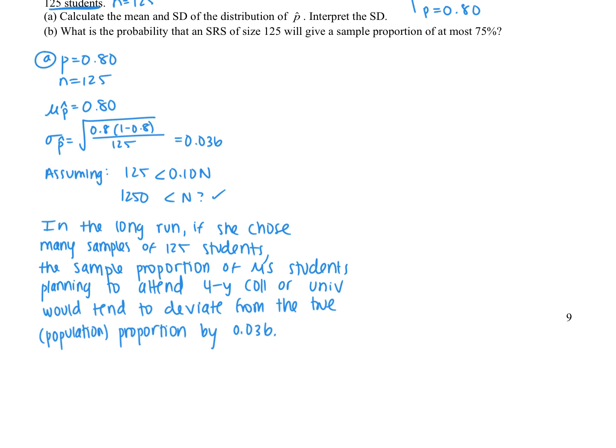Again, just remember that's in the long run. That does not apply if I take a single sample. This does not tell me I took a single sample, the difference to the population proportion. It's just in the long run.